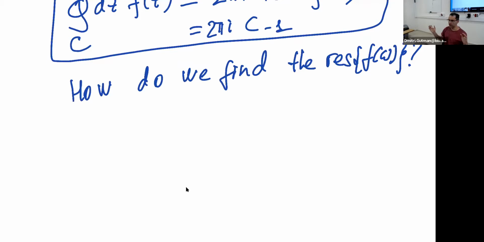So once again, we are given function f of z, and if we have the Laurent expansion, there's nothing to find, we just look at the term that comes with 1 over z minus w. But if we don't have such a privilege, how do we compute this coefficient, the only coefficient out of the entire Laurent expansion that we call the residue? How do we compute it? Any ideas?